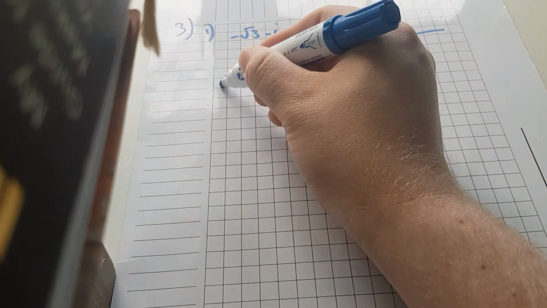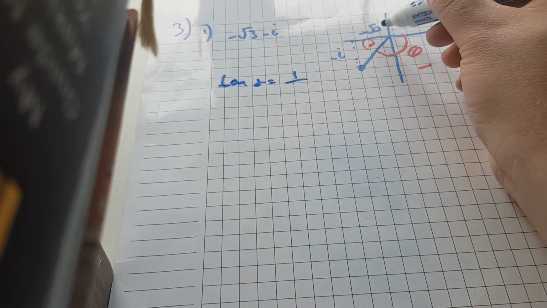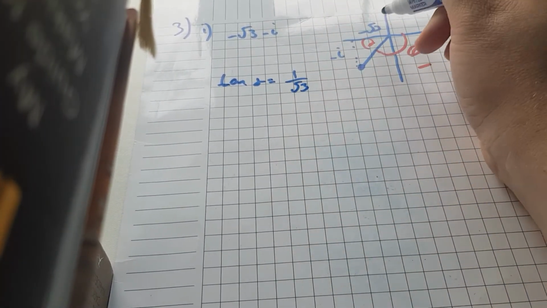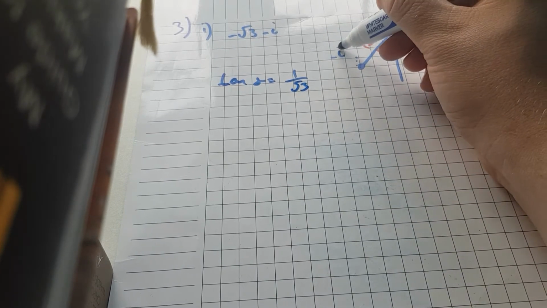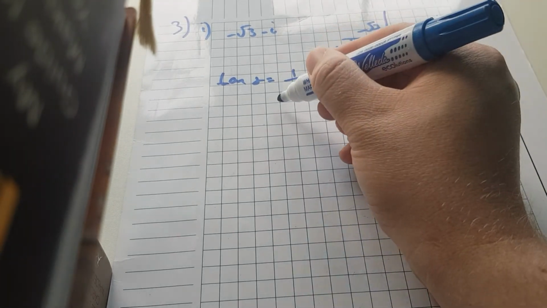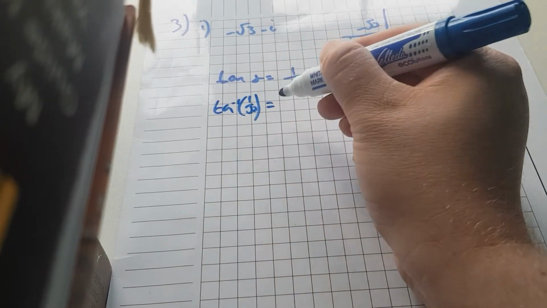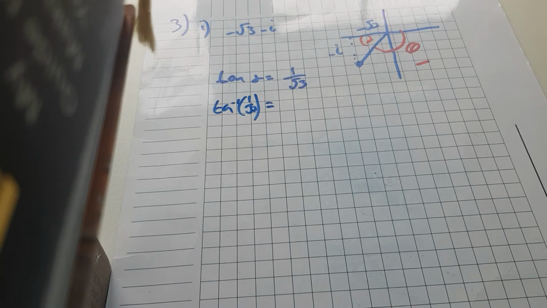So this is my reference angle, okay? So again, to find my reference angle, I'm going to use tan. So tan of the reference angle is opposite 1 over adjacent root 3. I'm not going to take the negatives because it's the lengths I'm looking for to get the angle. So tan inverse of 1 over root 3 is, these are all in your tables book anyway, pi over 6.